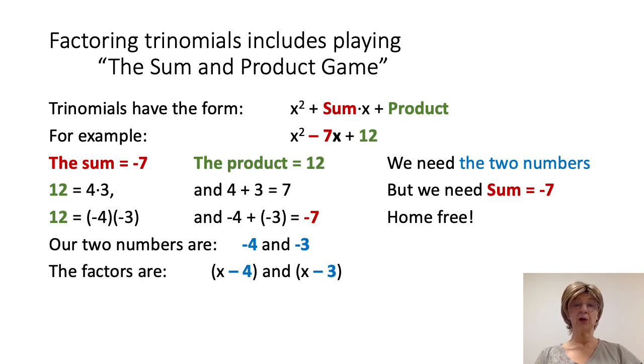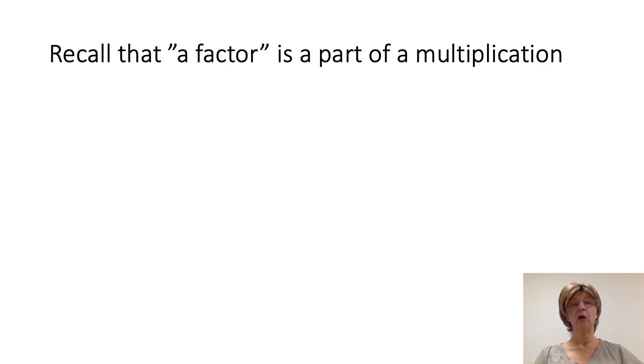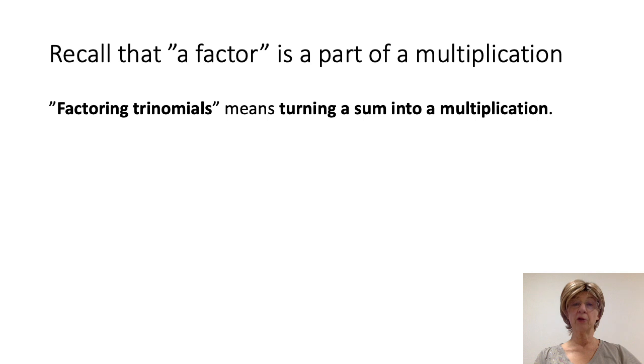The factors are x minus 4 and x minus 3. X squared minus 7x plus 12, when factored, equals x minus 4 times x minus 3. Recall that a factor is a part of a multiplication. Factoring trinomials means turning a sum into a multiplication.